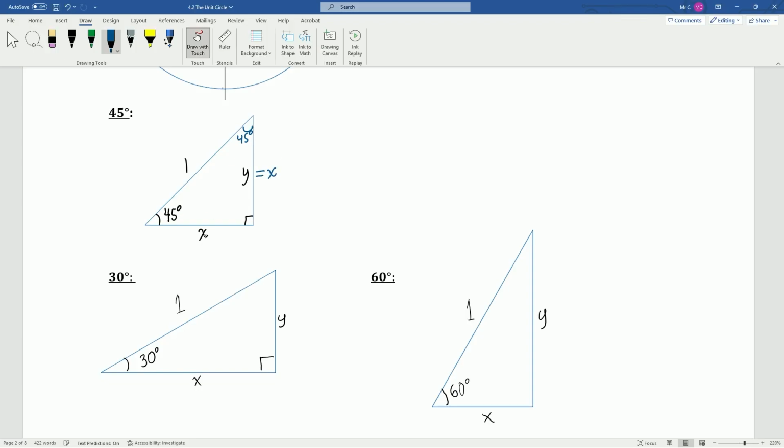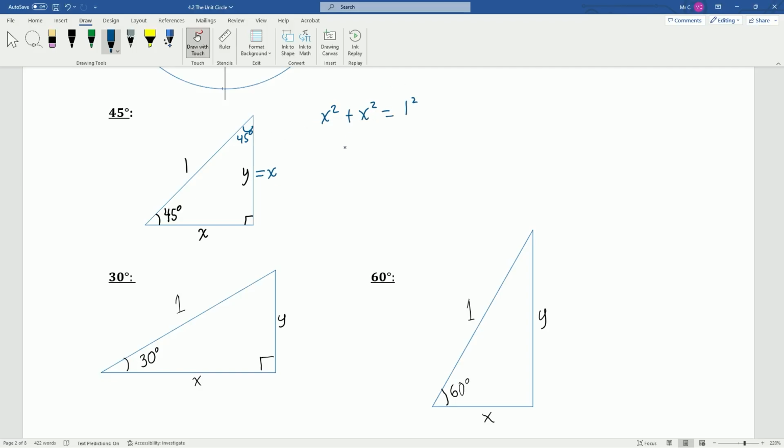So what I see here is that, oh, x and y are actually equal. So these are both x. Now instead of having two unknown variables to try to solve for, I can reduce this to one variable, x. And since this is a right triangle, I can use the Pythagorean theorem to solve for that. So I can say, hey, x squared plus x squared equals 1 squared.